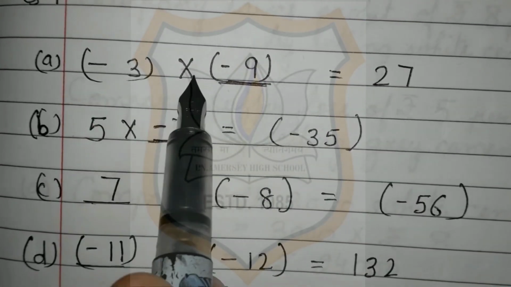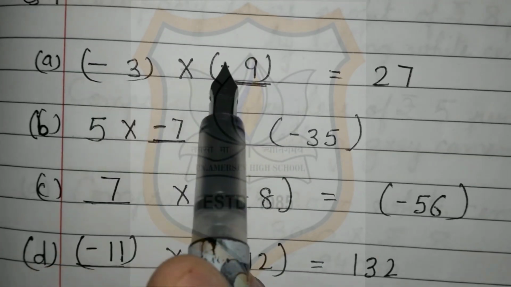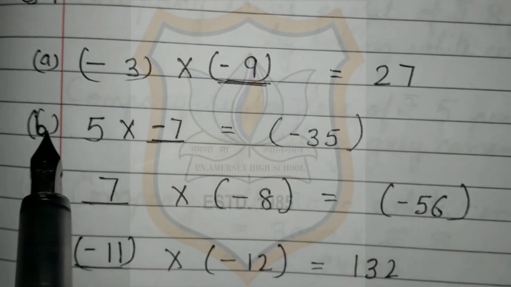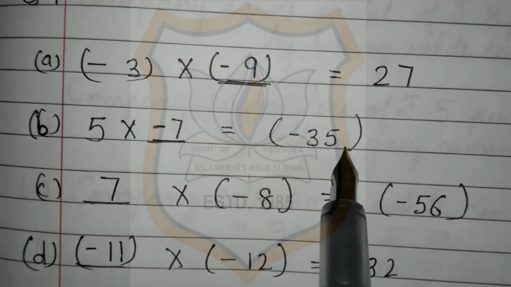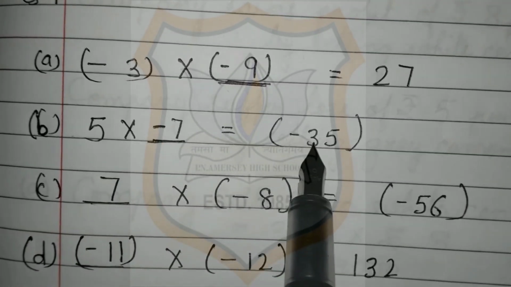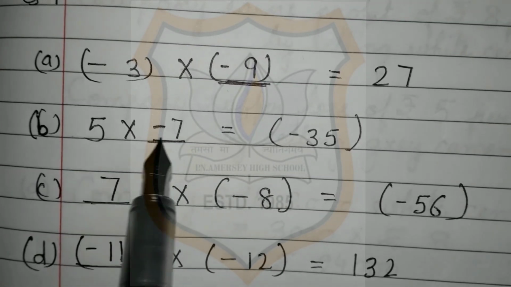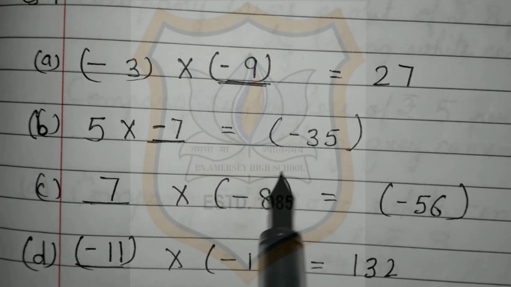So minus 3 into minus 9 is equal to 27, because minus 9 threes are 27. B part is 5 into what is equal to minus 35. So 5 into minus 7 is equal to minus 35, because plus, minus 7 fives are 35. So answer is minus 7.